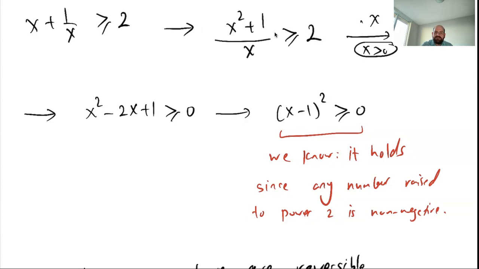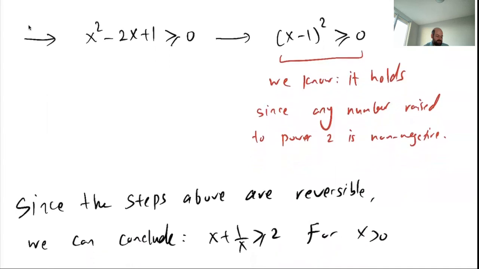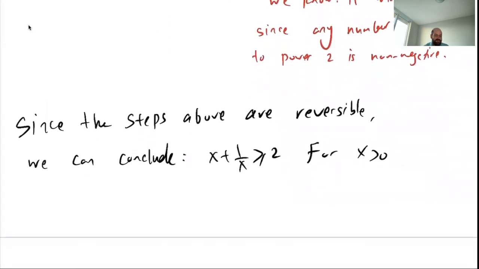And then from this step to this step, again, it's obvious because (x squared plus 1) over x is the same as x plus 1 over x. So every step is reversible. Right? So that means the inequality we want to show is true. So let's look at one more example for this topic.